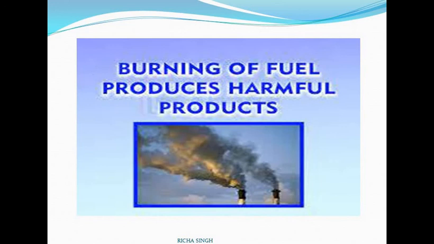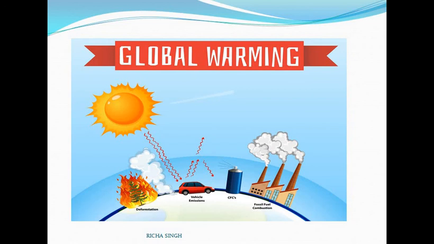Another effect of burning is global warming. You all know what global warming is, and the different effects it produces are: it changes the pattern of crop cultivation, it affects the monsoon rain, and excessive melting of polar ice raises the level of water in seas and oceans.